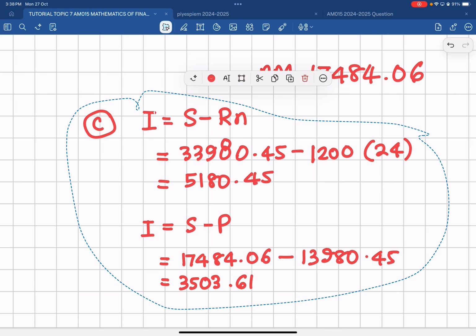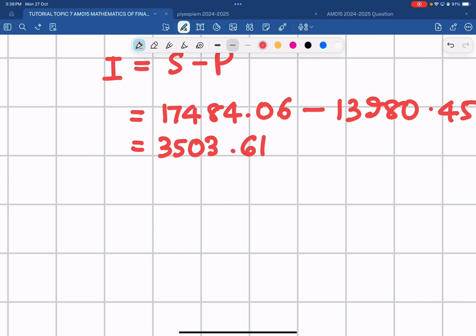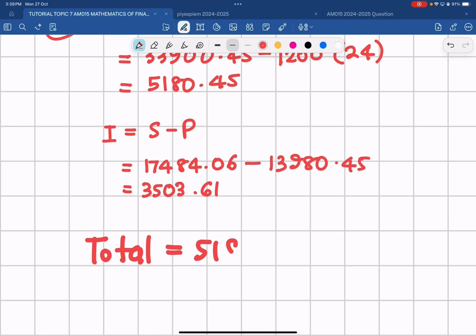Dan later cari total interest dia. Berapa total interest dia? Nak kena cari total interest, kena tambah. Tambahkan total interest dia, 5180.45 plus 3503.61.